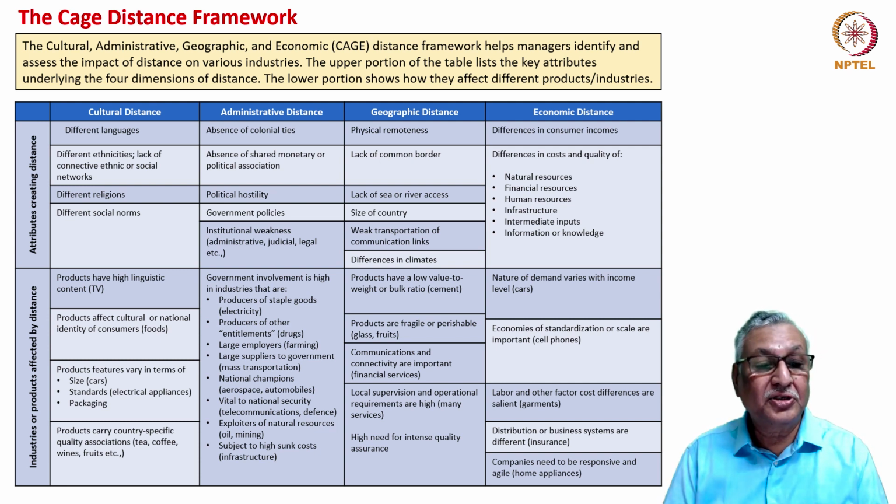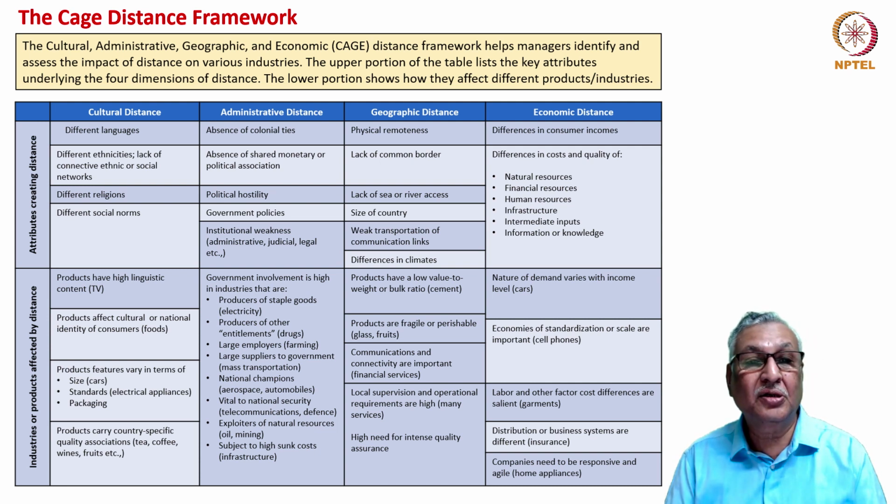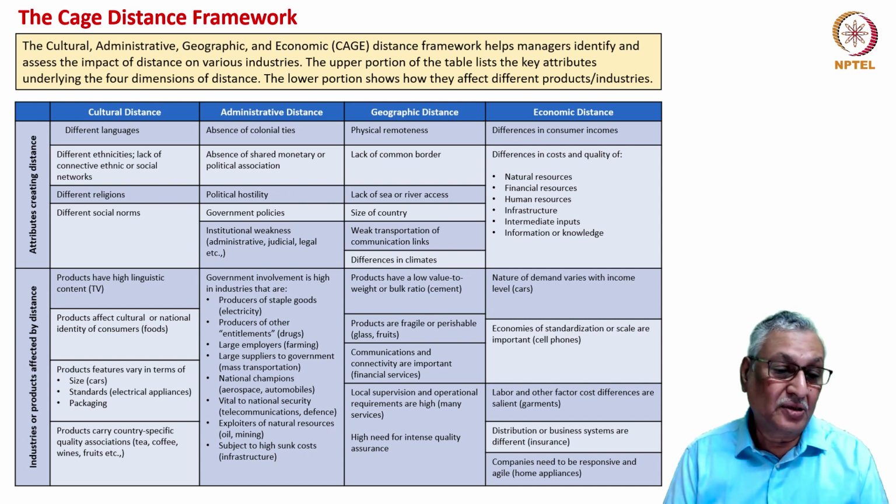Products that affect cultural or national identity of consumers, particularly in respect of foods, are impacted by the cultural distance. Product features vary in terms of size. For example, an automobile that is required in India has to be larger than the automobile that is required in Japan.